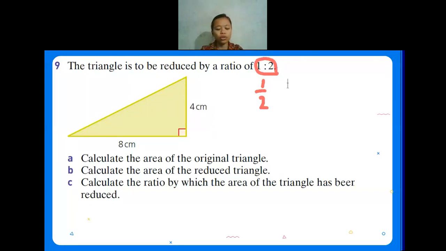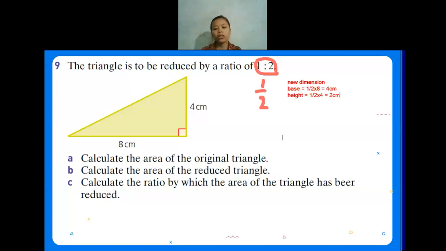The base will equal 1 per 2 times 8, which is 4 centimeter. And the height will equal 1 per 2 times 4, which is 2 centimeter.